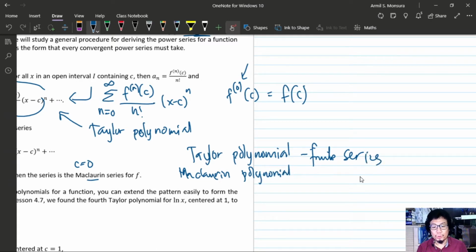We just use a few terms of these polynomials in order to approximate. You remember that we call these Taylor or Maclaurin polynomials approximating polynomials, polynomials that approximate our function.